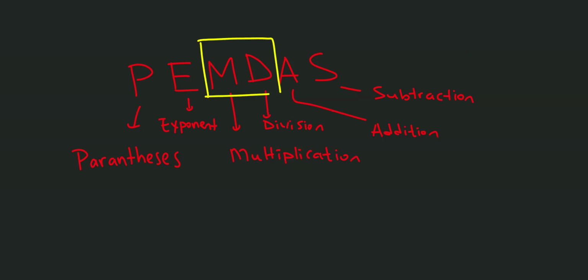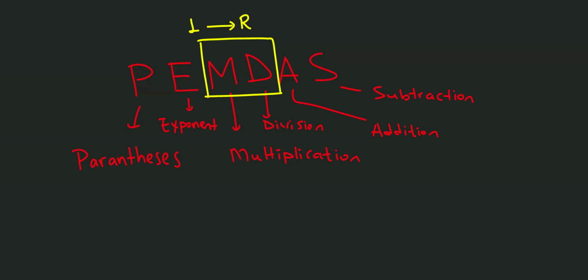So let's say that we have both multiplication and division in the same problem. And then the rule is simple. We solve them from left to right. So there is no priority between multiplication and division. They are on the same level, so we handle them as they appear.